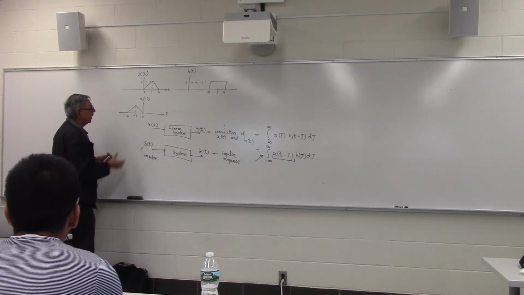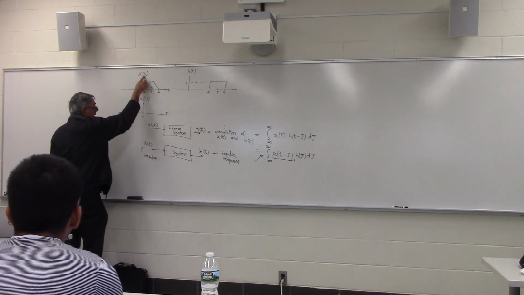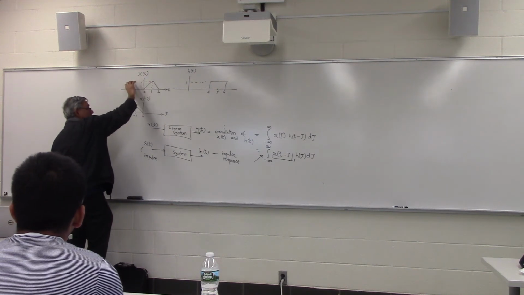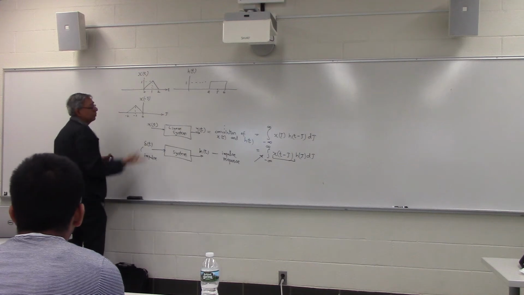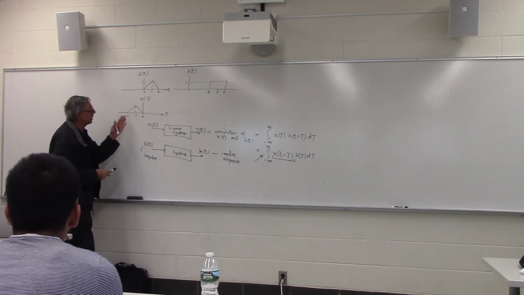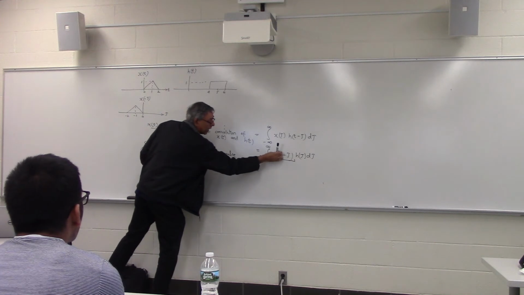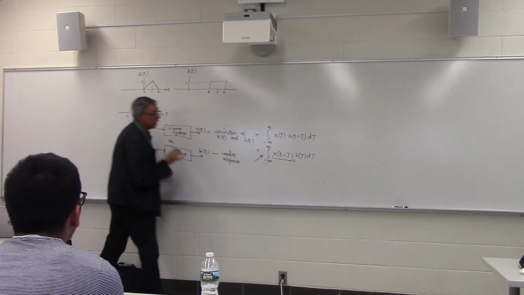All I did was take x of t, make it minus t, and then change t to a tau. Nothing special. So far I have just x of minus tau.